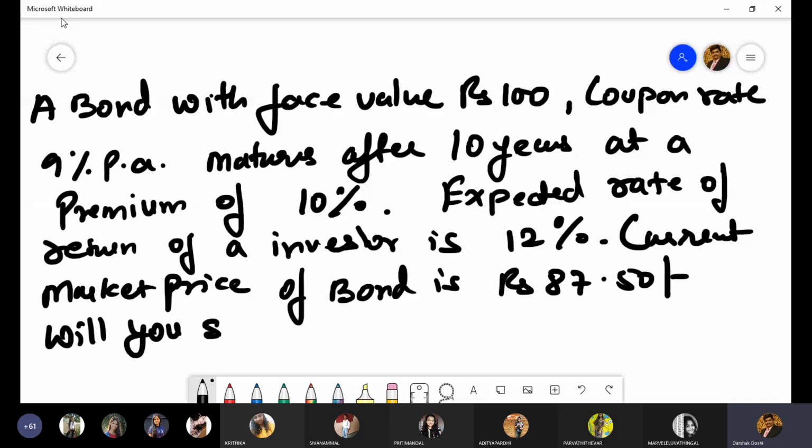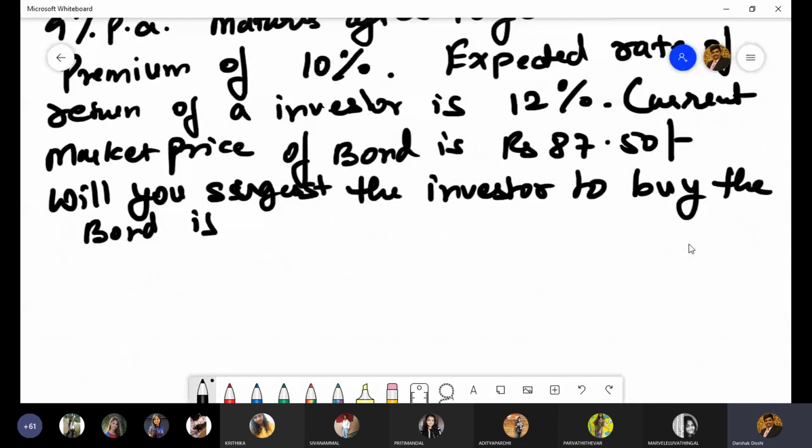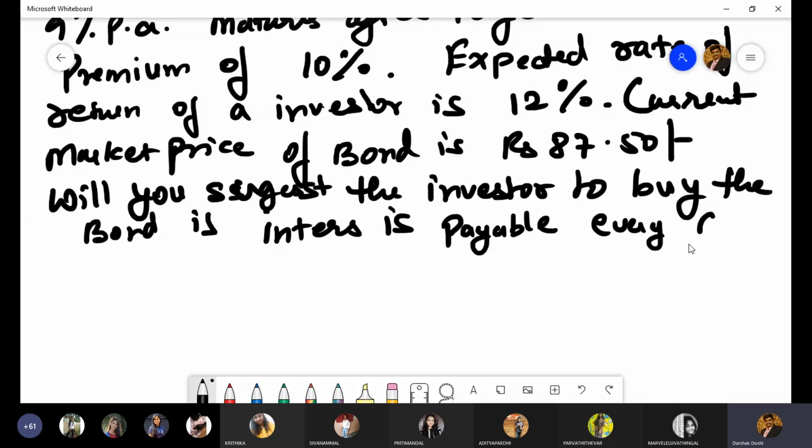Will you suggest the investor to buy the bond if interest is payable every 6 months? Copy down the question, then I'll explain and then we'll solve together.